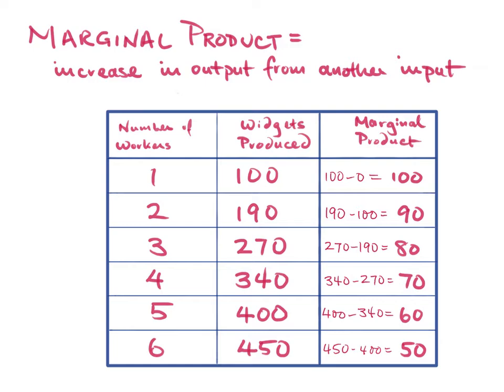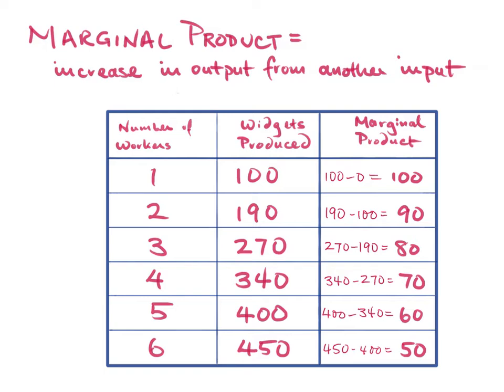I'd like to point out that for this production function, each worker contributes less than the worker before them. In other words, the fifth worker adds 60 to the output of the firm. The worker before that added 70. And the worker before that added 80.